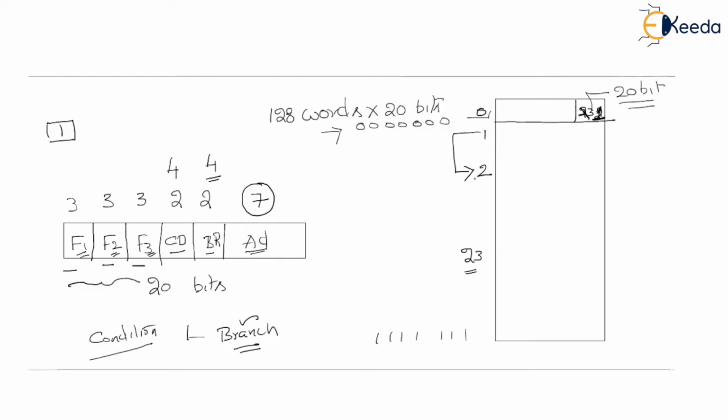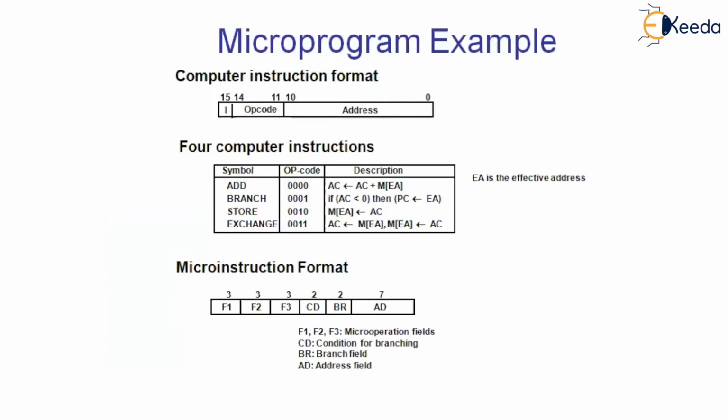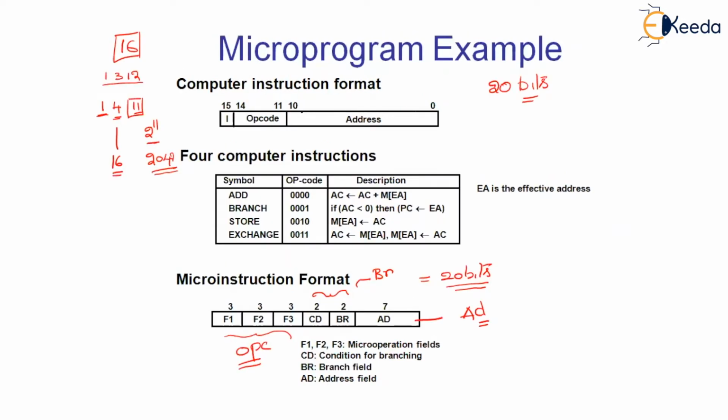Let us have a look at the different conditions and functions that are available within the control unit. Here you can see the computer instruction format is slightly modified. The least significant 11 bits are for the address, because our main memory is now 2 power 11 rather than 2 power 12, so bits 0 to 10.